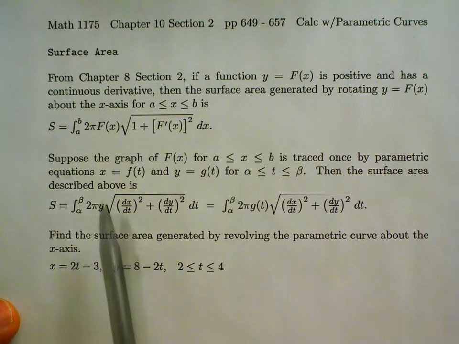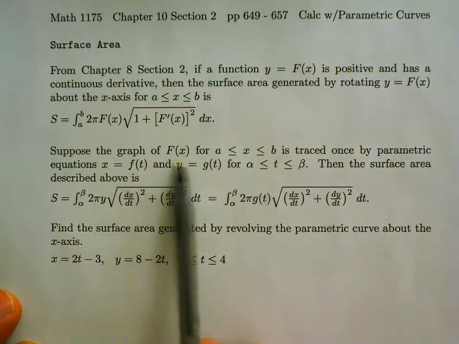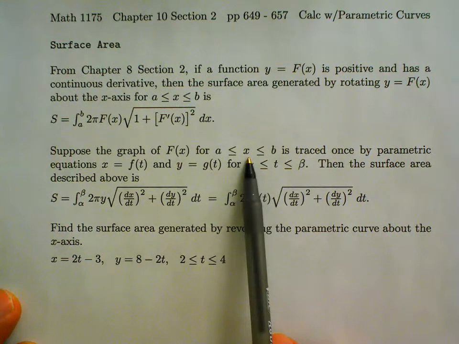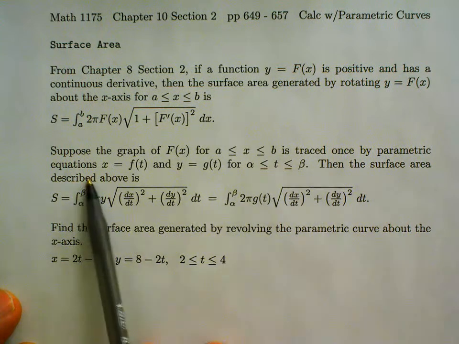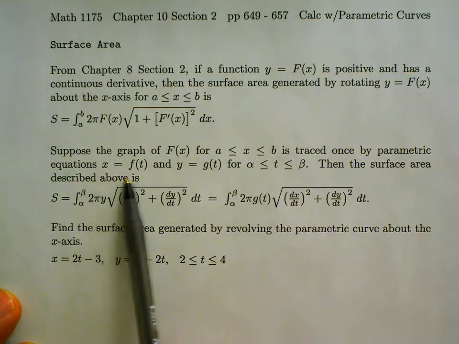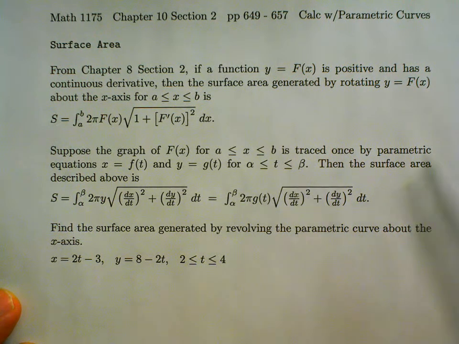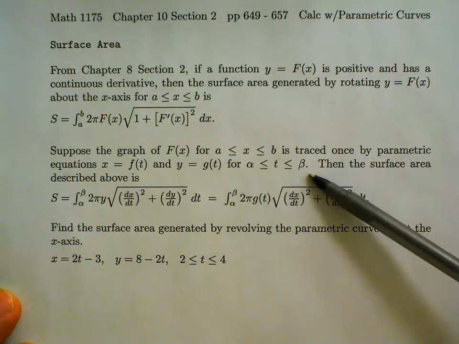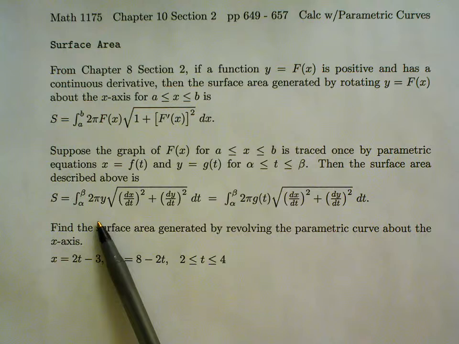Okay, so we suppose that the graph of capital F of x for the x interval from a to b is traced once by parametric equations, x equals f of t and y equals g of t, for values of t from alpha to beta. Then the surface area can be transformed into this formula.